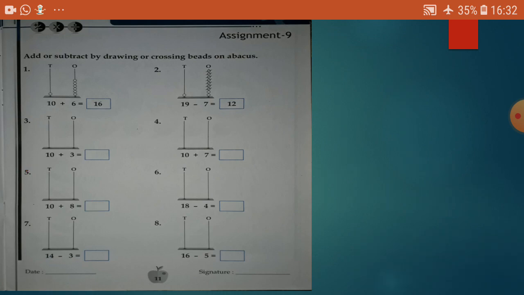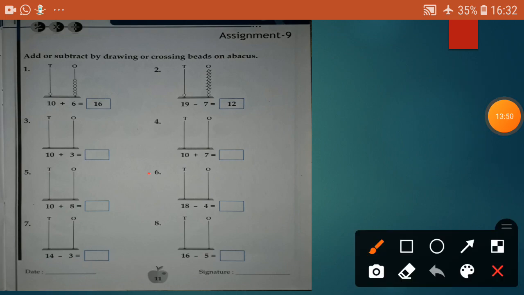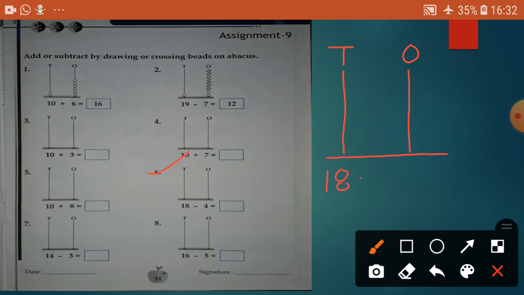Next, number 6, tens and ones. The question is 18 minus 4. 18 means 1 ten and 8 ones, so 1, 2, 3, 4, 5, 6, 7, 8.